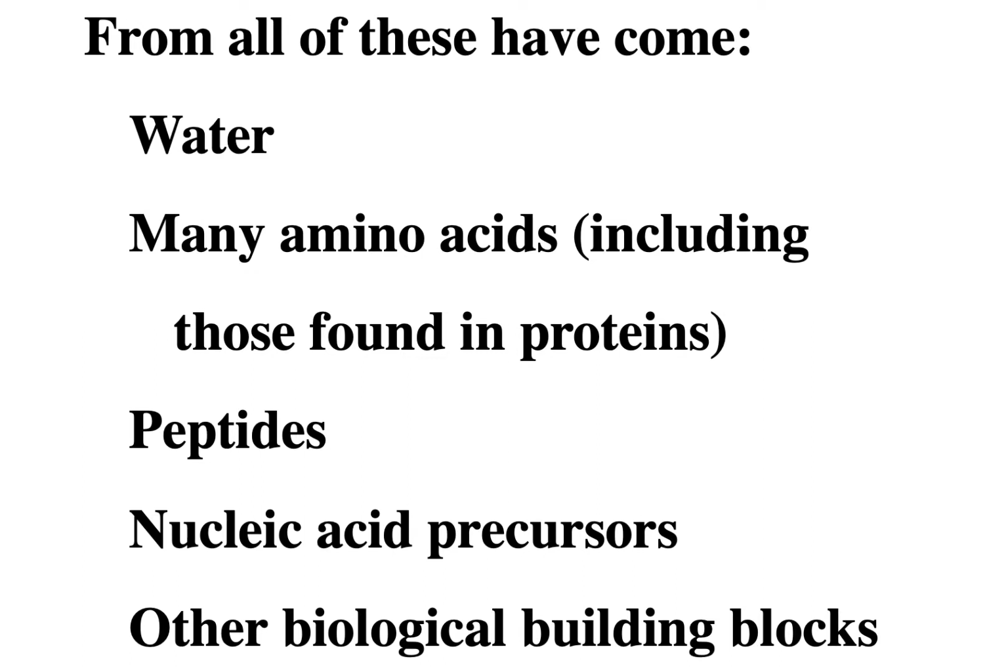So now from all of these different processes, you have a lot of water, there are amino acids to produce proteins and peptides, nucleic acid precursors, and many other building blocks that we know are used in biological systems today. Those were all present before there were any organisms on Earth.